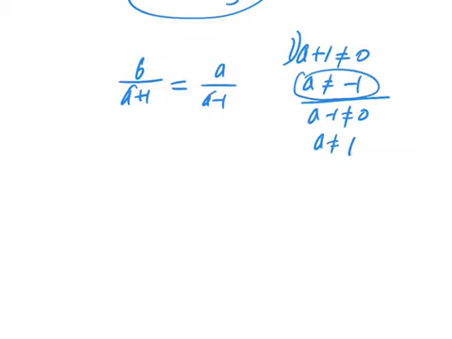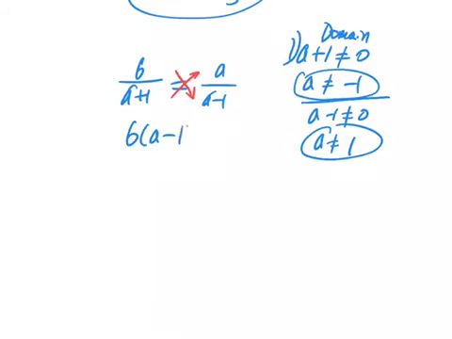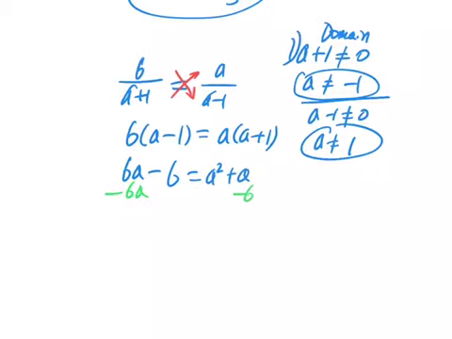So we have two restrictions in the domain. And then let's just do this because we have a single fraction on each side, so we can just multiply across and then it'll be simplified. Okay, so I'll subtract 6a from both sides, add 6 on both sides.